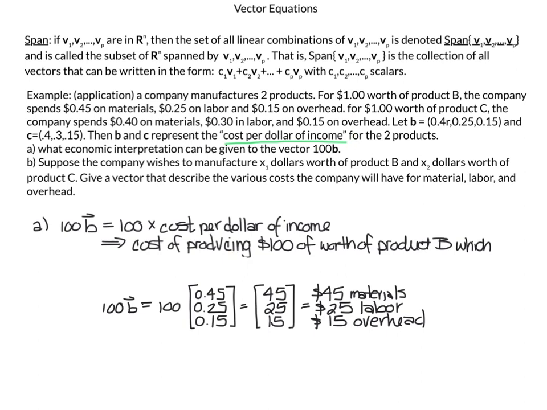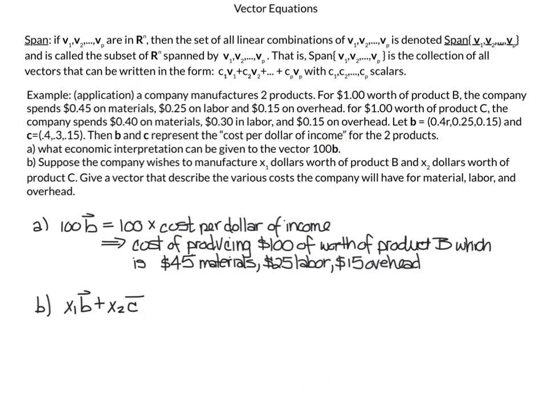So the cost of producing $100 worth of product B, which is 100B, is 100 times 0.45, 0.25, and 0.15, which is 45, 25, and 15, or $45 of material, $25 of labor, and $15 of overhead to produce $100 worth of product B.